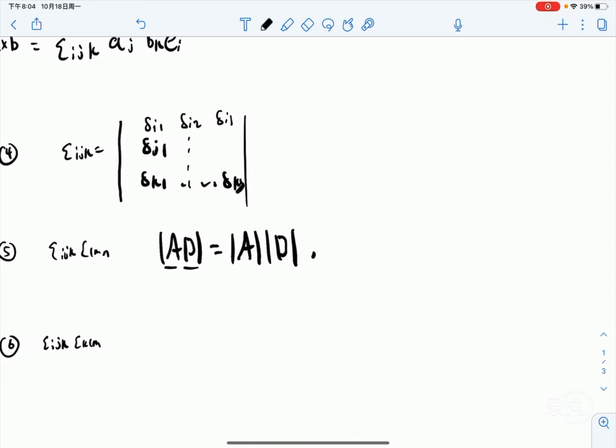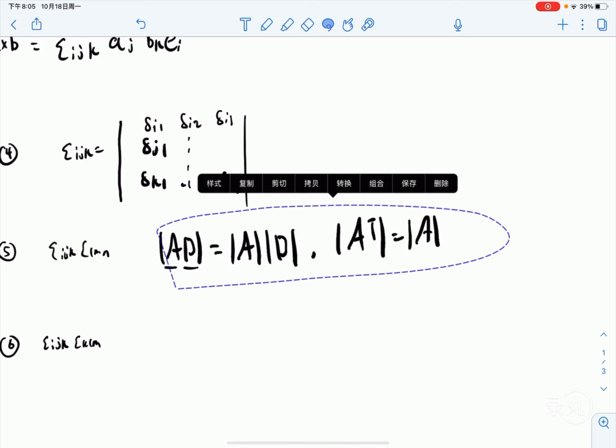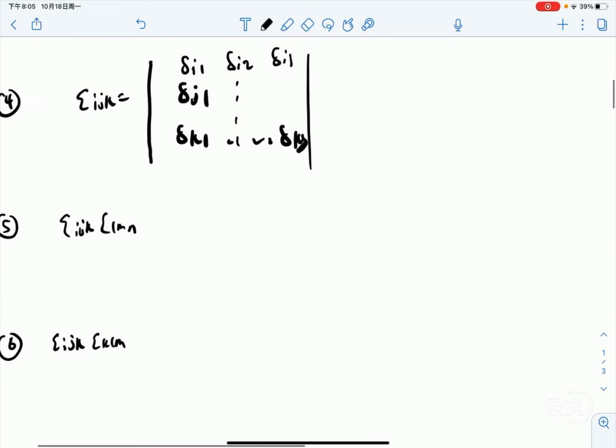I don't know. And there's also a property that the determinant of A transpose is equal to the determinant of A. And for this proof, just prove it by yourself or just search for it.